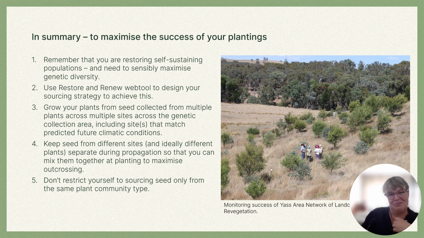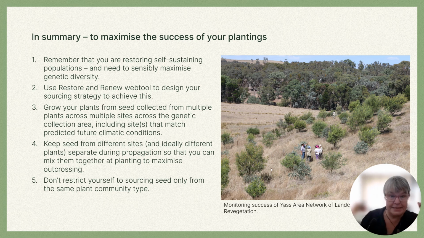So, in summary, to maximise the success of your plantings, you want to firstly remember that you're restoring self-sustaining populations and you need to sensibly maximise genetic diversity. You can do this using the Restore and Renew web tool to design your seed sourcing strategy. And you want to grow plants from seed collected from multiple plants across multiple sites across the entire genetic collection area, including sites that match predicted future climatic conditions.